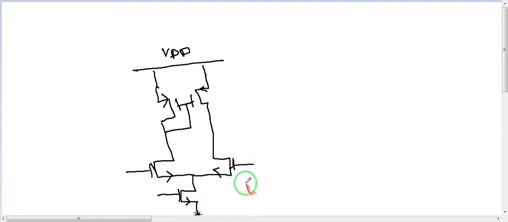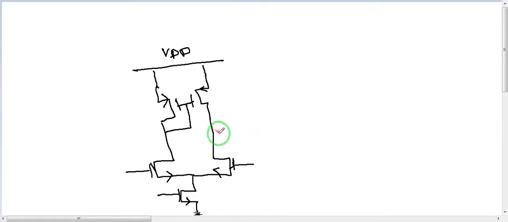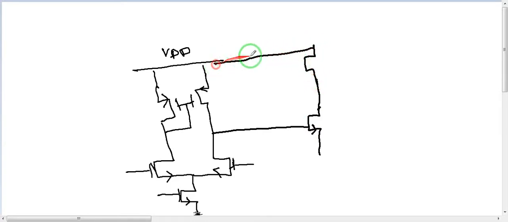And we have the next stage. This is the single-ended op amp. So we have the second stage, which could be NMOS with a PMOS load.